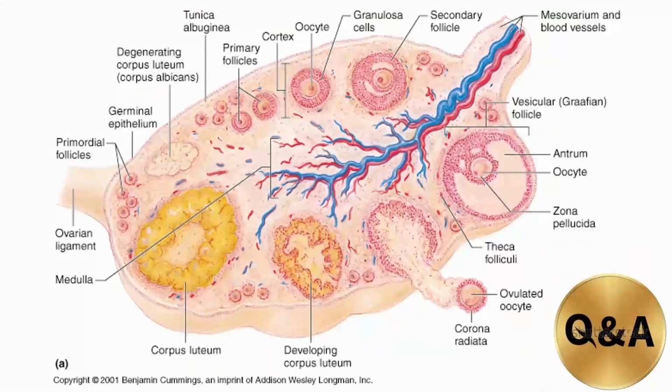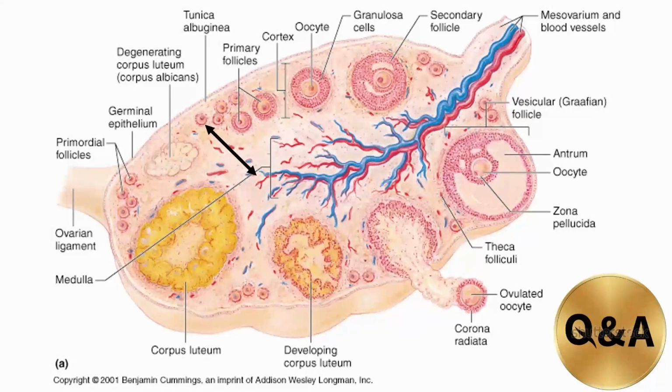What is this figure? This is a figure of a cross-section of the ovary, the female primary sex organ. Now, what is this image telling me?